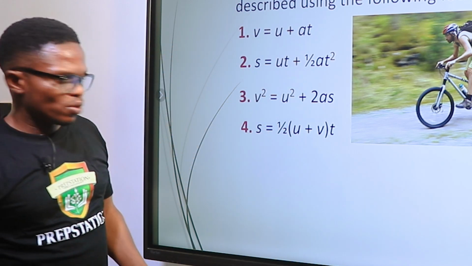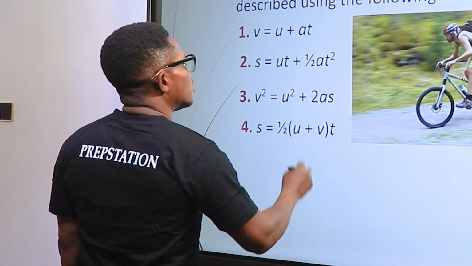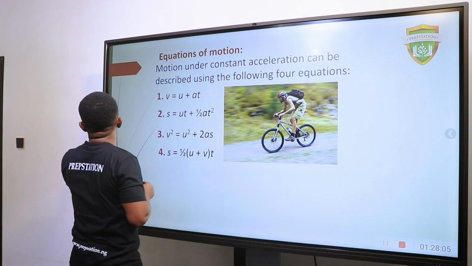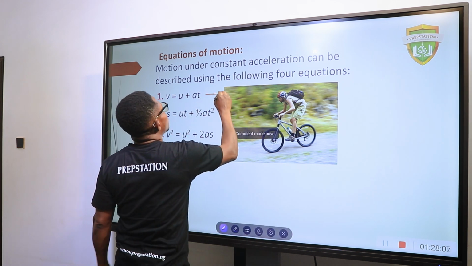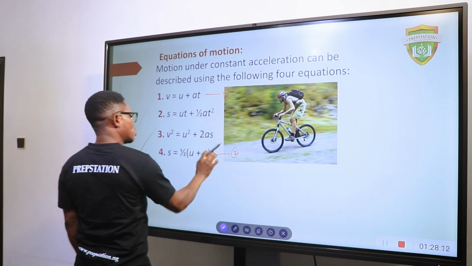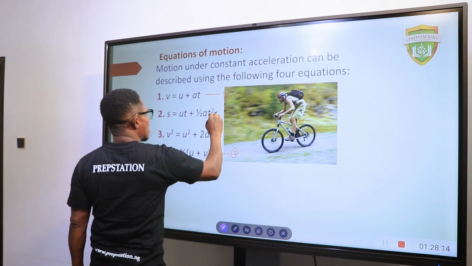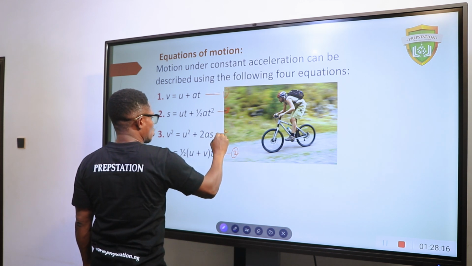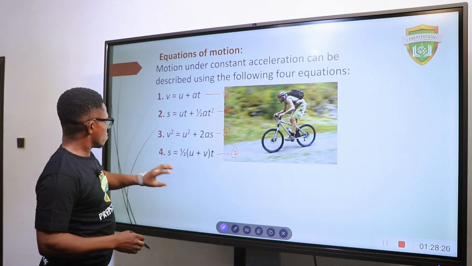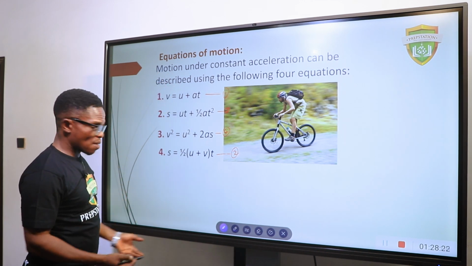It's very simple. Let me show you how to do that. This is equation 1. Let's call this equation 2, and this is 3. This is 4. So how do you derive equation 2? From 1 and 2. It's very simple.